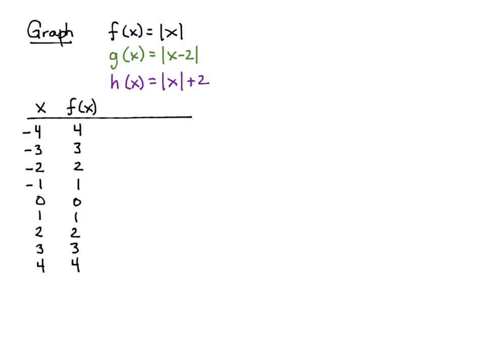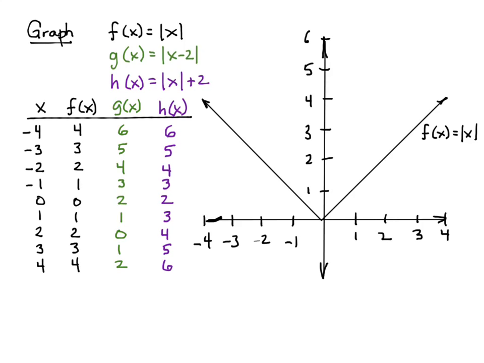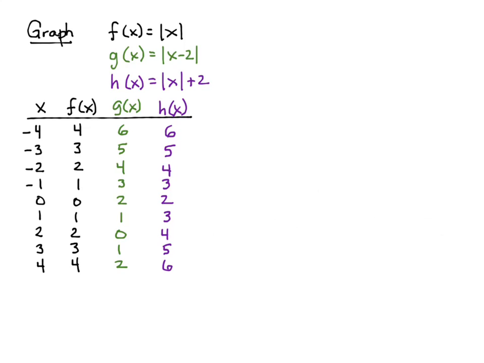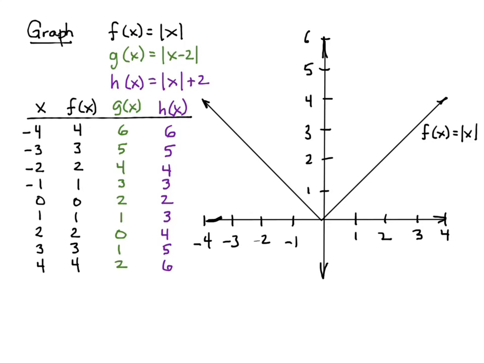Okay, so if we made columns with g at x and h at x, if we calculate these things right, we'll get different numbers. And so if I plot f at x equals absolute value of x, we've seen that I think twice before today. And then we look at g at x equals the absolute value of x minus 2.